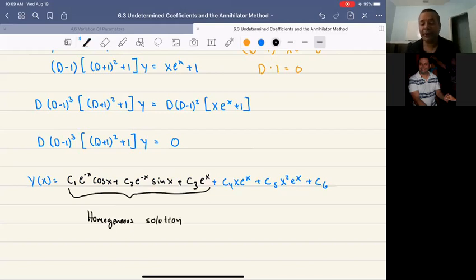Okay, so those were already part of the homogeneous solution, so that means that this is going to be our particular solution.